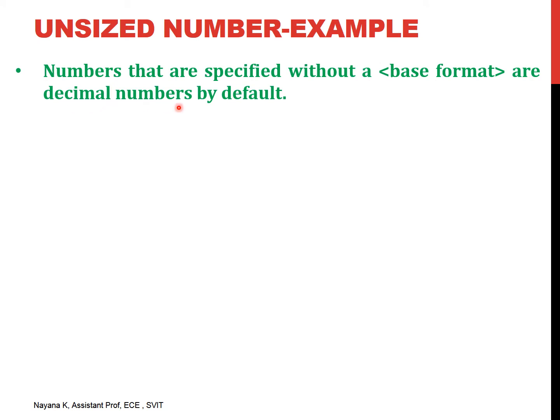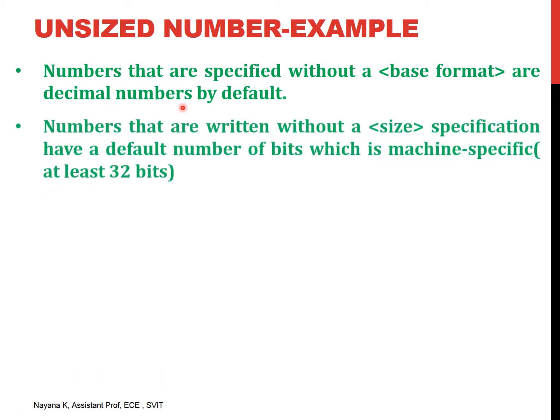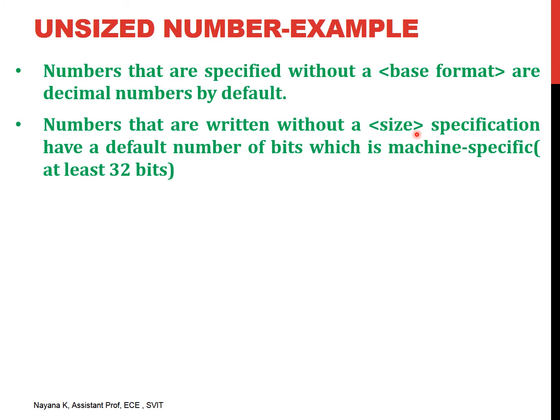And if we do not write the size, by default, it takes the size of the machine specific implementation, which must be at least 32 bits. So if we do not mention the size like 4-bit, 12-bit or 10-bit, then it takes the machine size, but that size should be minimum 32 bits. It can be more than this also.